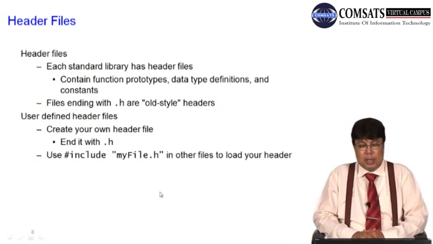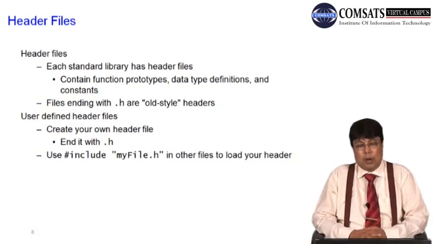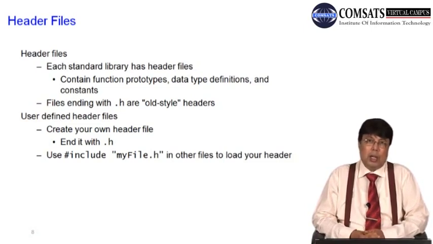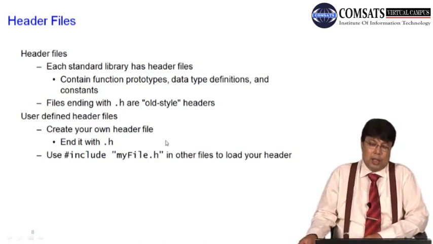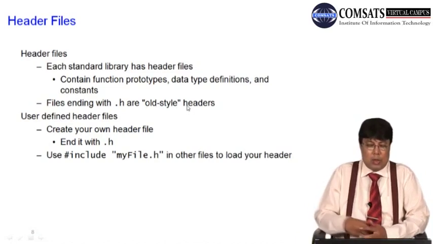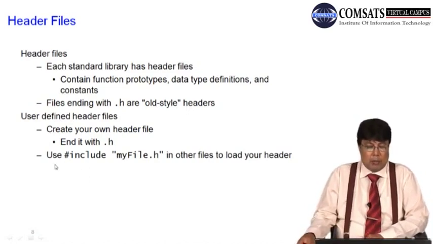Header files: we have been using them, and they have the standard feature of C and C++ that they contain .h. The old style of using a header file is within double quotes, where you write the name and then .h, and then later on we could use it. This is the example of that.